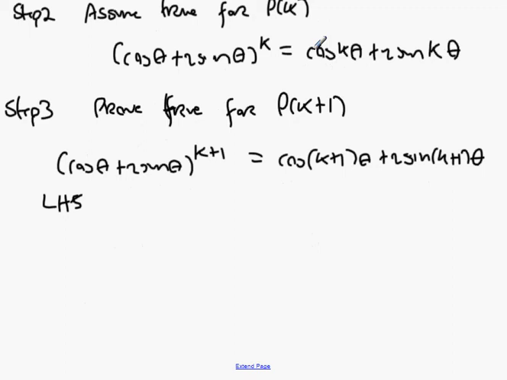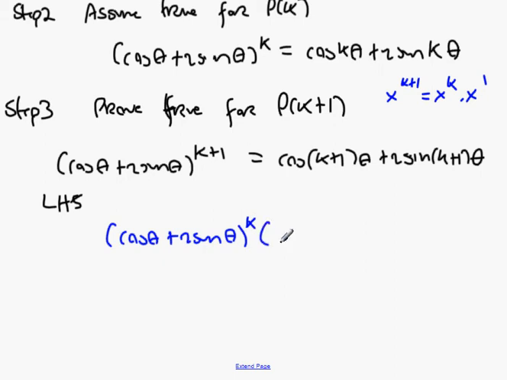If I have x to the power k+1, that's the same thing as x to the k times x to the 1. So we're going to do this: (cos theta + i sin theta) to the power of k, and then (cos theta + i sin theta) to the power of 1.